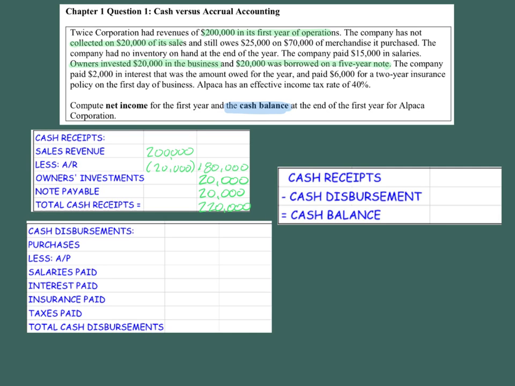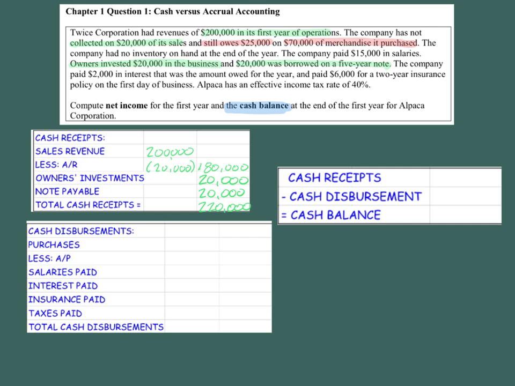Now let's find our cash disbursements. The first thing we see with cash disbursements is the $70,000 of merchandise we purchased. However, the difference between cash and accrual accounting is that we're only going to account for $45,000 because we still owe $25,000, and that's an accounts payable. But under cash accounting, we're only recognizing the cash we dispersed. So that's going to be the $70,000 minus the $25,000.